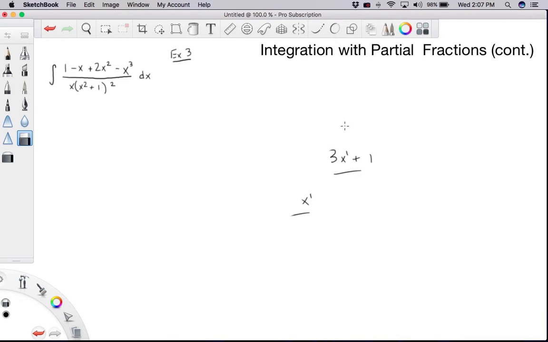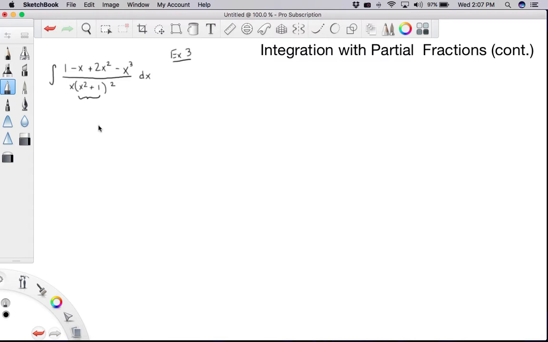Okay, so now I'm going to talk about what you do if you have a non-linear factor in the denominator. So if you notice in this integral here, this little x squared plus 1 is a non-linear factor, and we cannot factor it any further.